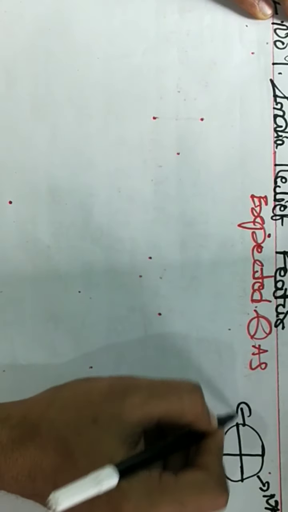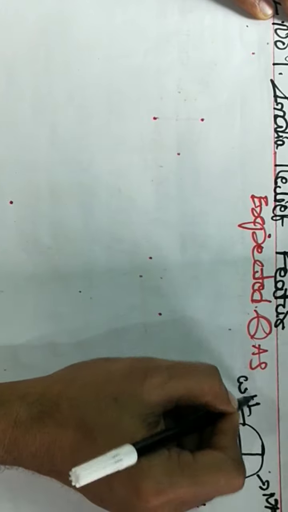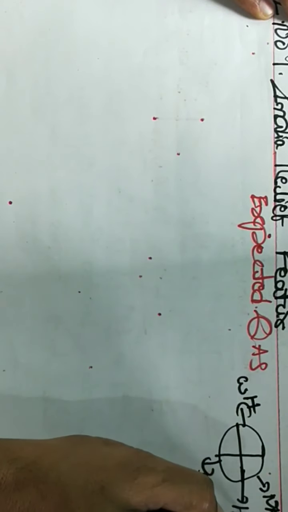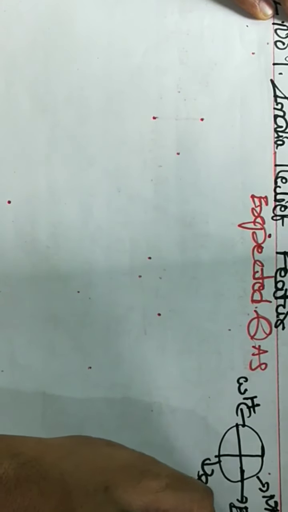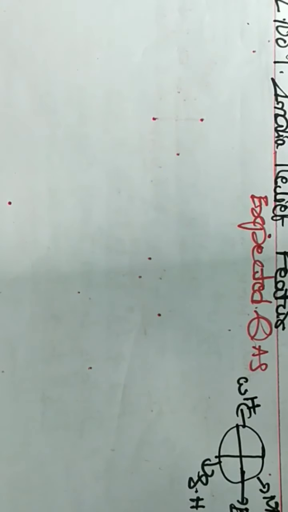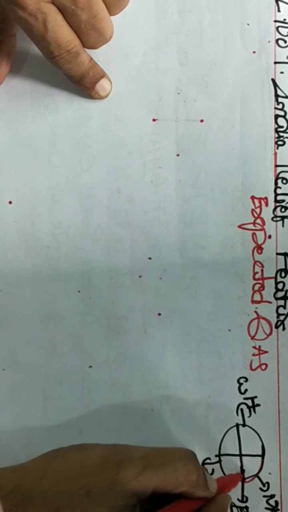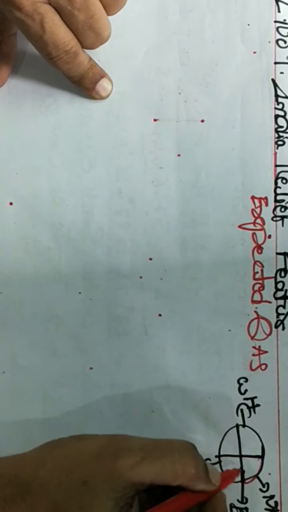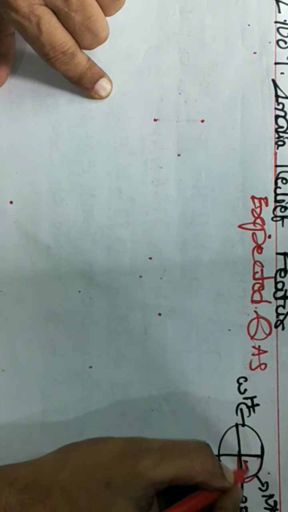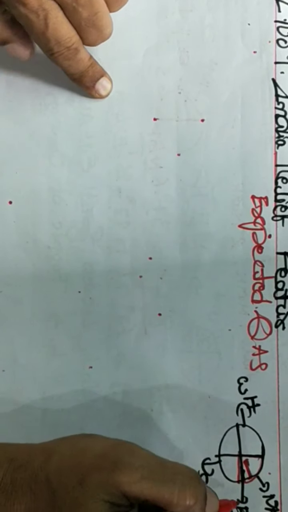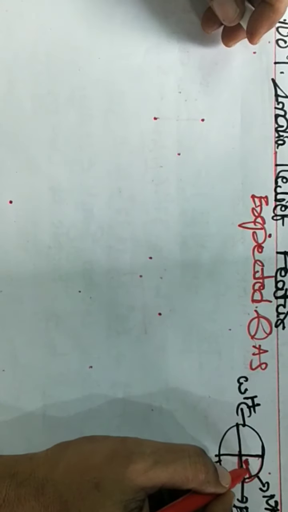So this side is called the western hemisphere, this side is called the eastern hemisphere. Right, now India is located in this 1/4 part. Where in this 1/4 part?